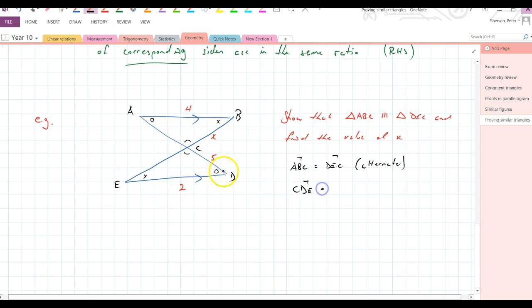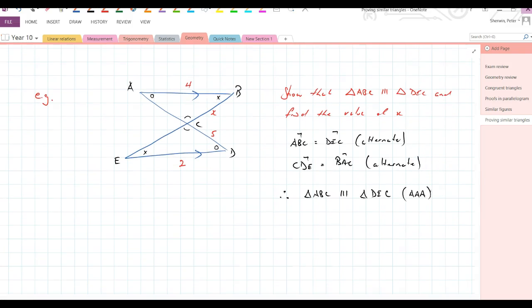CDE is equal to BAC, also alternate. Now that's enough. I've got two angles. That's enough. So therefore, triangle ABC is similar to, now I'm going to be careful about how I write this. The A and the D angle are in corresponding positions. So I'll put that D. Now the B and the E in corresponding positions. So I'm going to call it triangle DEC. I've proved it through AAA.